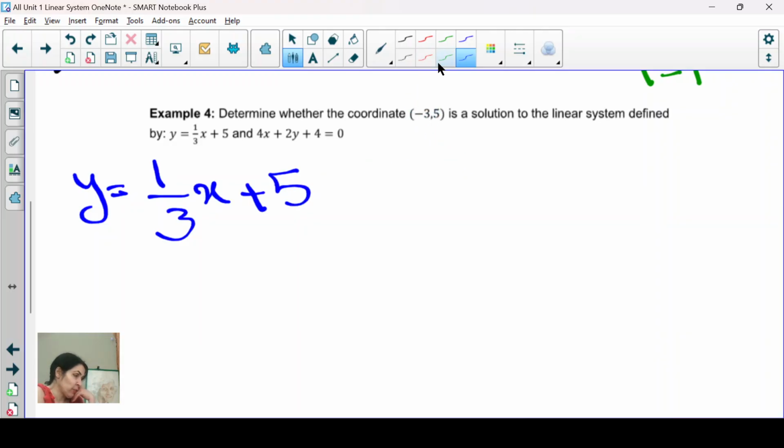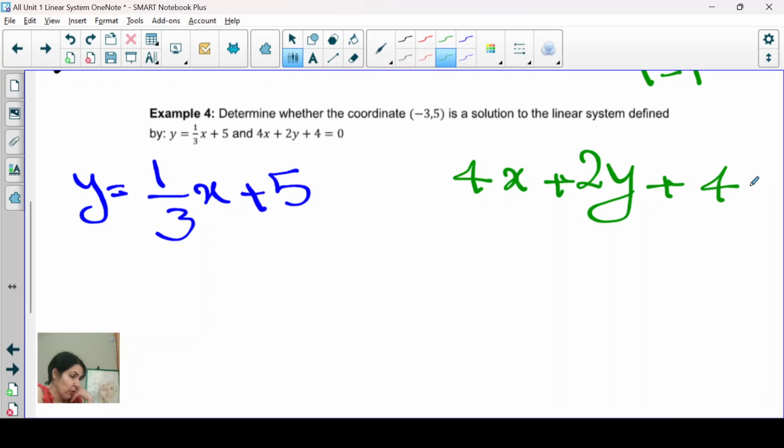And the second equation is 4x plus 2y plus 4 equals 0. And the point that we want to check as a solution is (-3, 5).